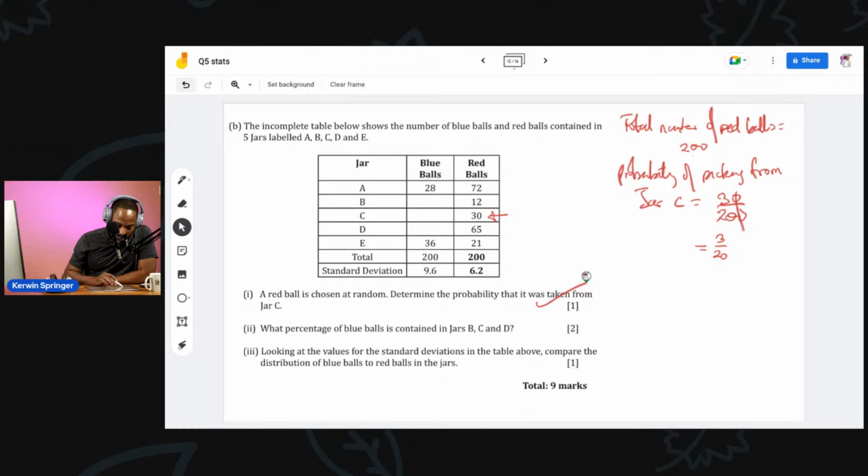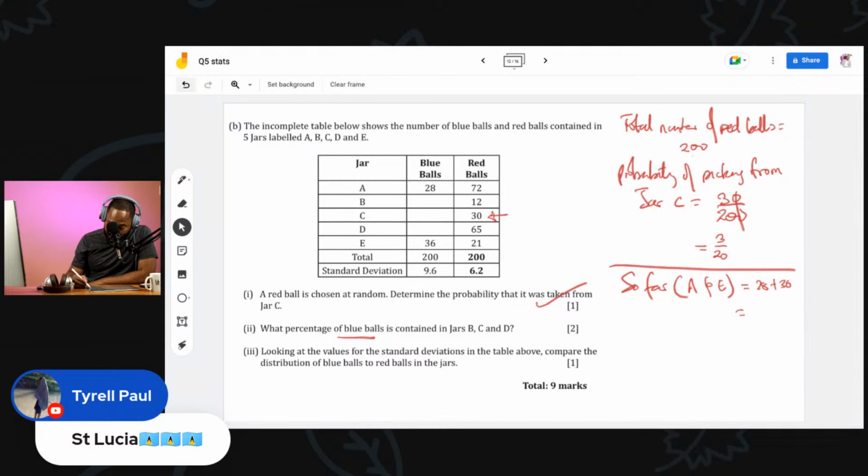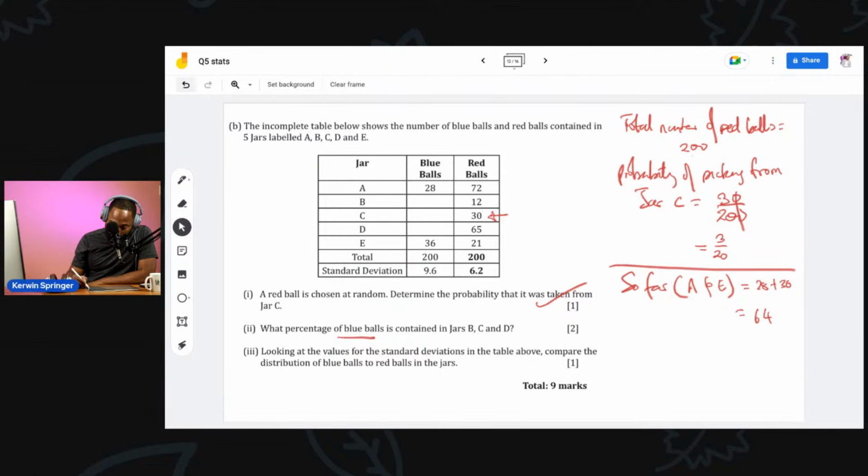What percentage of blue balls is contained in jars B, C, and D? So far, and when I say so far, I mean A and E, we have 28 plus 36, which is 64. So far we have 64 balls.